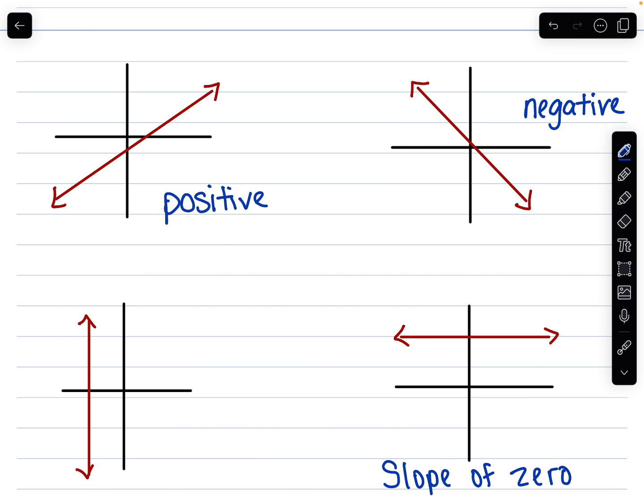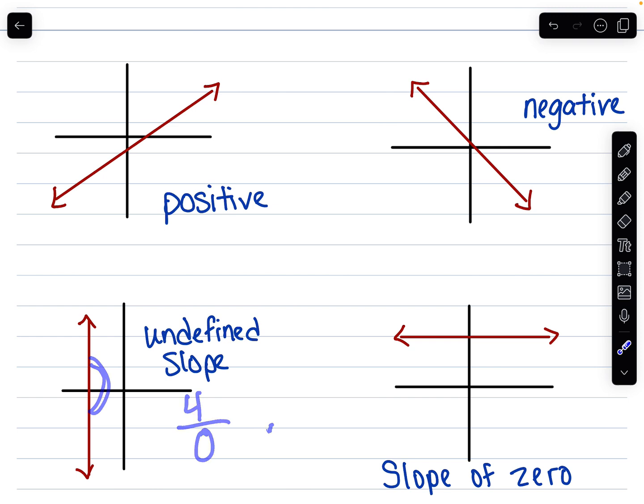The last one, bottom left, would be undefined slope. Okay, same idea here. This x value never changed, so it doesn't matter how the y values change. There could be a change in 4, but if the x values never change, can you divide something by 0?